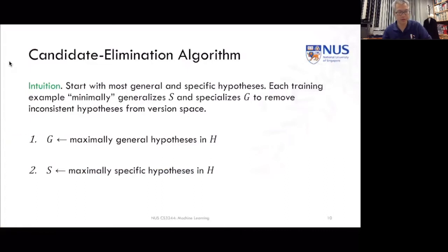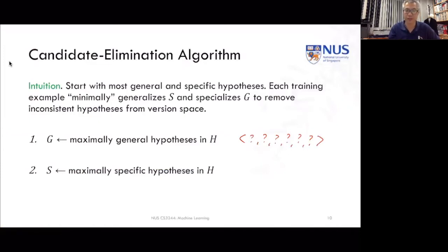minimally generalize or specialize those two boundaries in order to remove any inconsistent hypothesis from that version space. We're going to start with a most general hypothesis, which in our case, for our enjoyed drink problem, would look a little bit like this, right? Meaning that I accept any drink that you give me. They're all good for me.